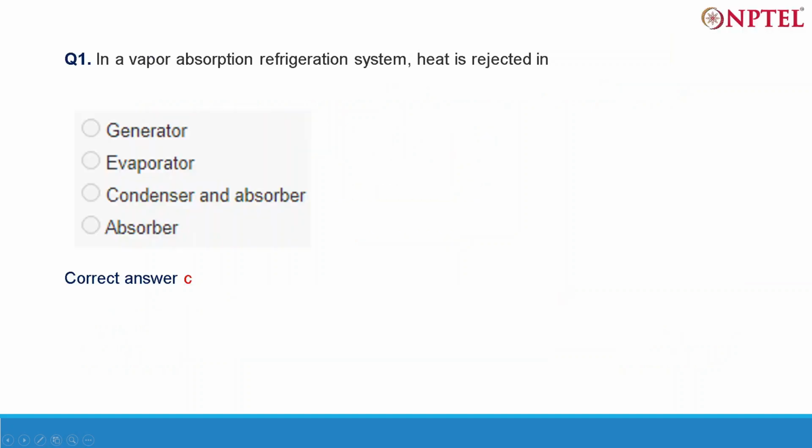The first question is: in a vapor absorption refrigeration system, heat is rejected in.